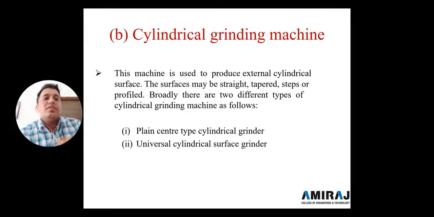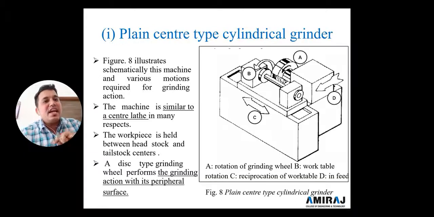Okay. Now the second category, cylindrical grinding machine. The cylindrical grinding machine has two special categories: plain center type cylindrical grinding, and the second one is universal cylindrical grinding. Let's start with the first, the plain center type cylindrical grinding machine. It is purely similar to the center lathe, as we learned in chapter number 2.